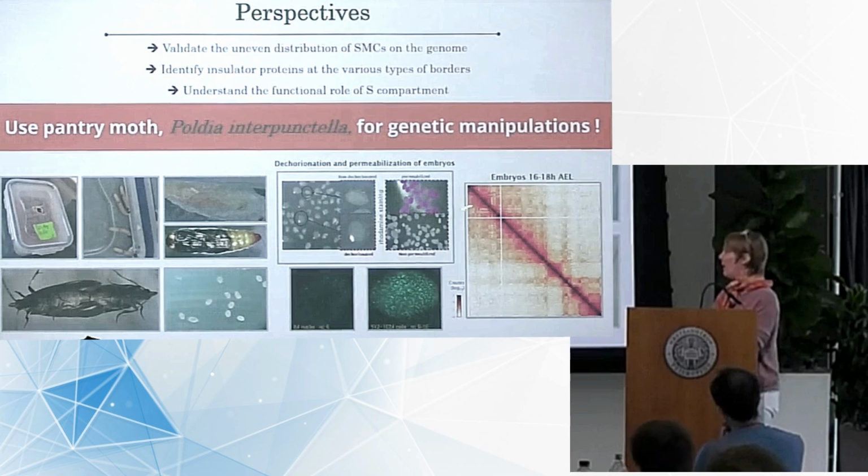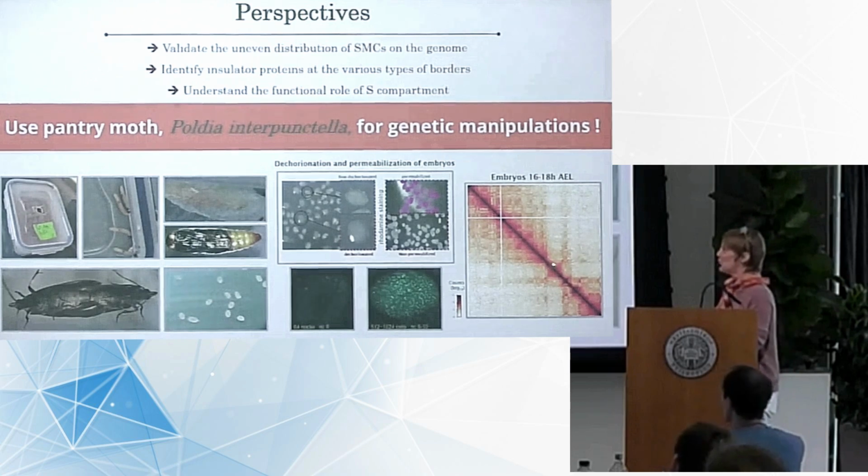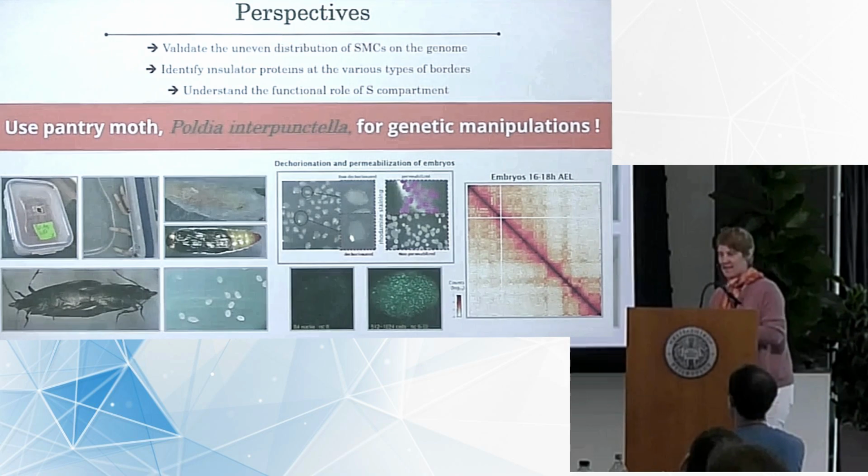And we also obtained our very first map of Plodia, which is very encouraging because it shows these regions that really look like S and turn out to be the HOX cluster in this genome. So that's really encouraging for us.